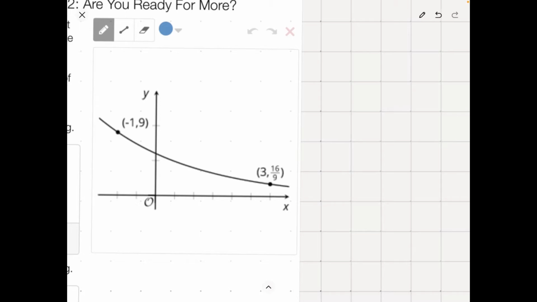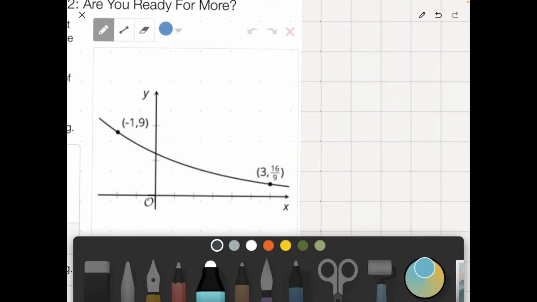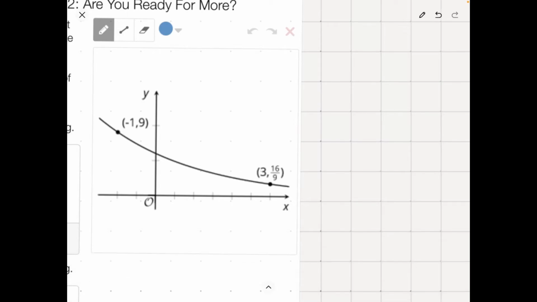One of the things we can do is if they don't give us the y-intercept, we might have to calculate the growth factor first. And it turns out you can calculate the growth factor without knowing a. So let's find out how to do that. So the first thing I want to point out here is really what is a growth factor.